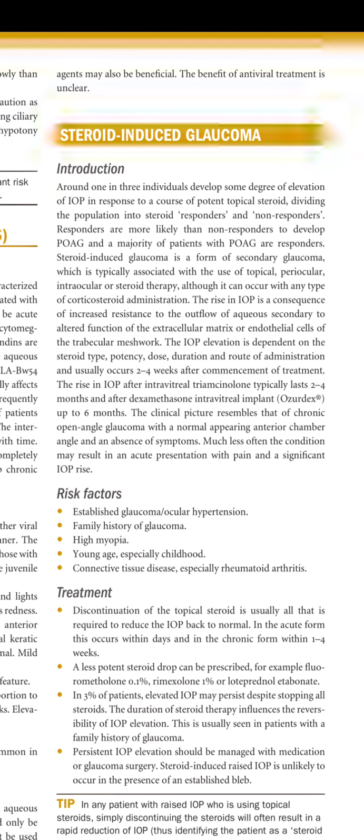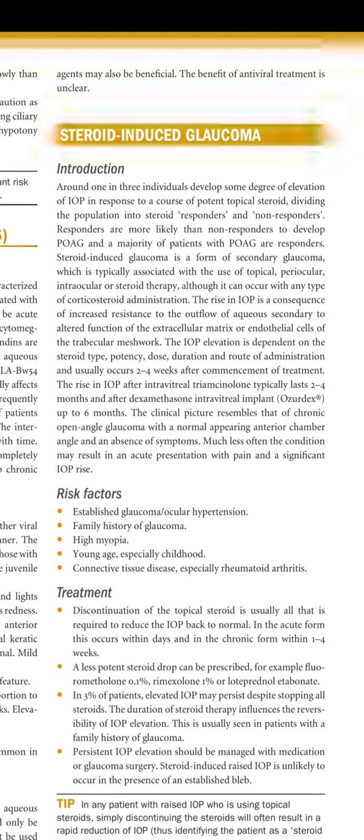Steroid induced glaucoma is a form of secondary glaucoma which is typically associated with the use of topical, periocular, intraocular, or systemic steroid therapy, although it can occur with any type of corticosteroid administration. So basically, most of the time it occurs with topical steroid, but it can occur with any kind of corticosteroid administration.